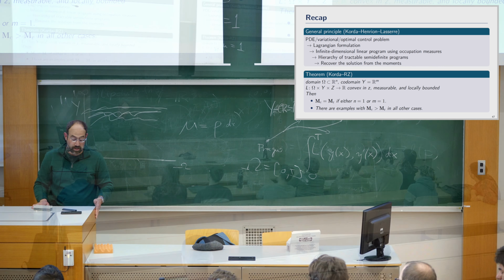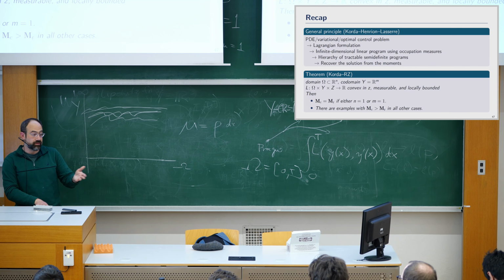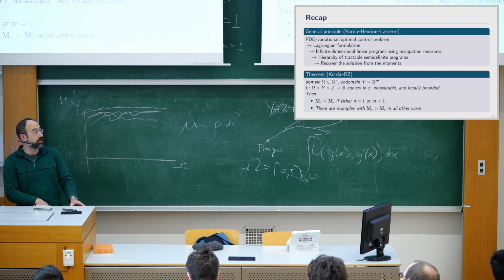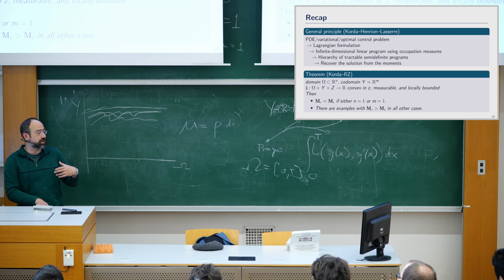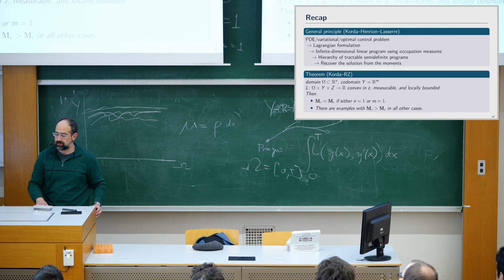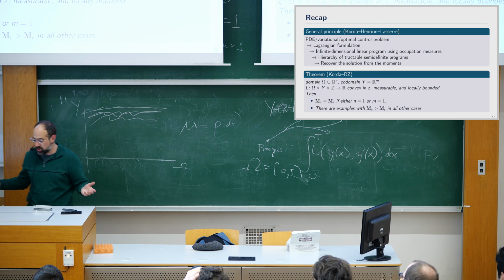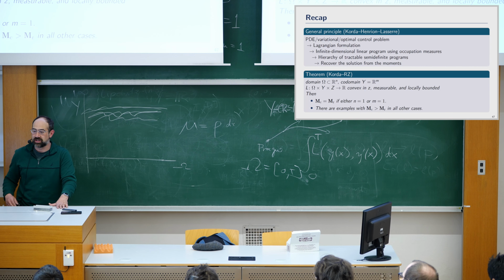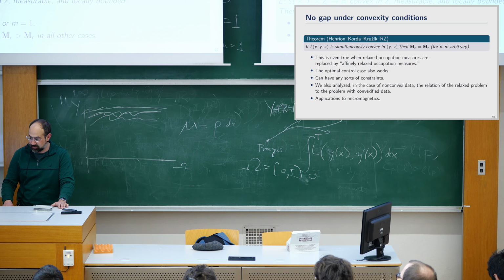And so even though there may be a gap between the relaxation and the classical problem, the algorithm is still very valuable because it gives you what I think is the right solution. Of course, this is controversial and it depends on the application.